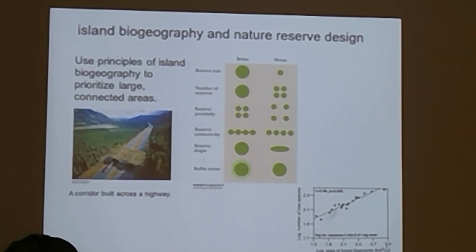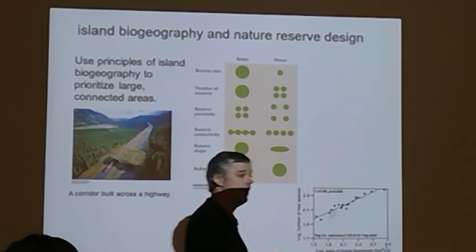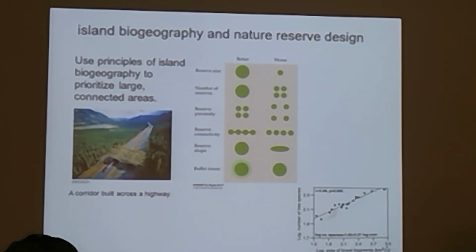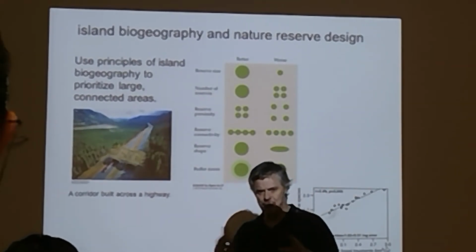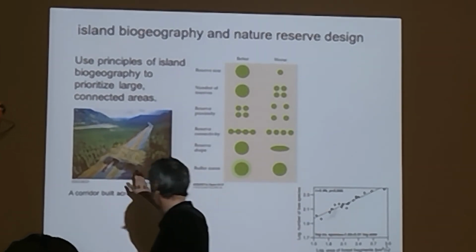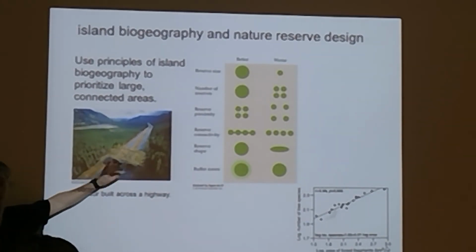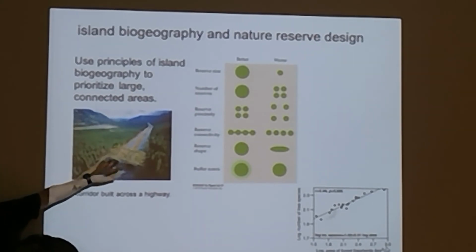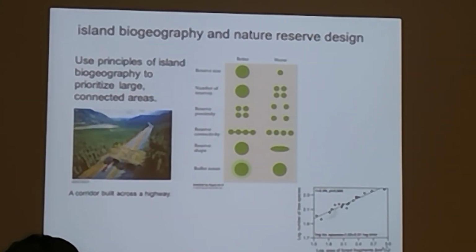These overpasses have been placed in critical areas of migration routes for wildlife, so that instead of what used to happen before this was built 20 years ago, you have a large number of roadkills taking place in this particular area. That's been greatly reduced because the wildlife has effectively learned to, rather than go out on the road, travel over the road on this bridge basically designed for wildlife.